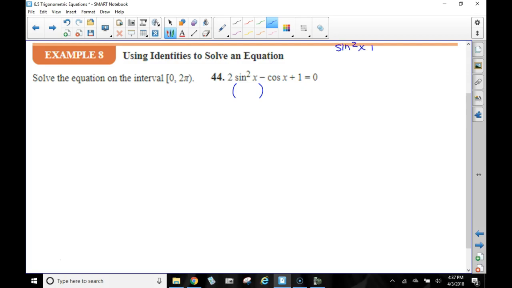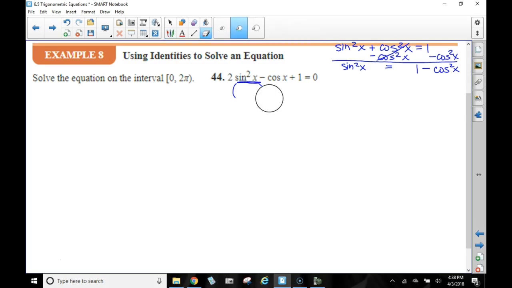Sine squared x plus cosine squared x equals 1, always. If I subtract cosine squared x from both sides, sine squared x is always going to be equal to 1 minus cosine squared x.